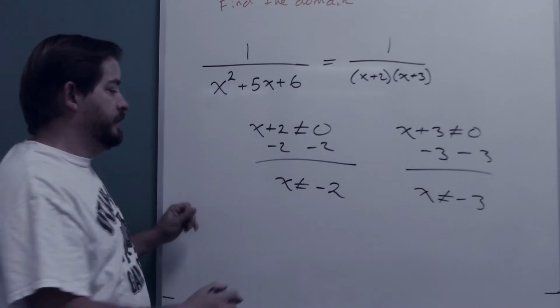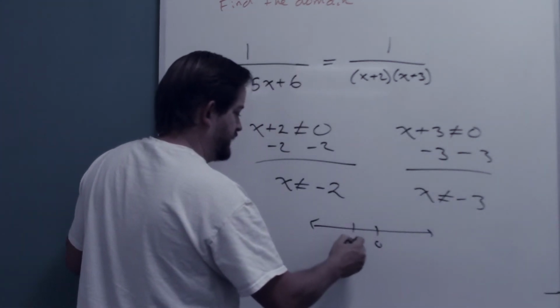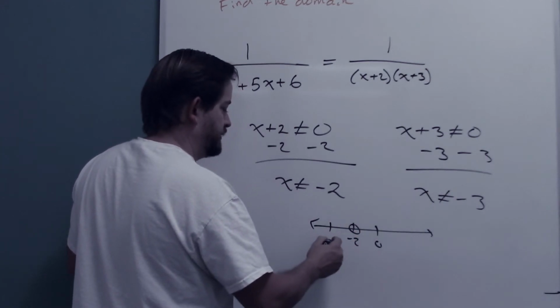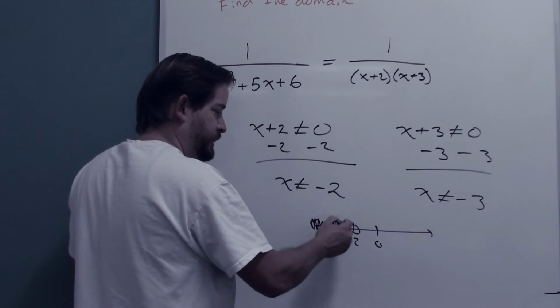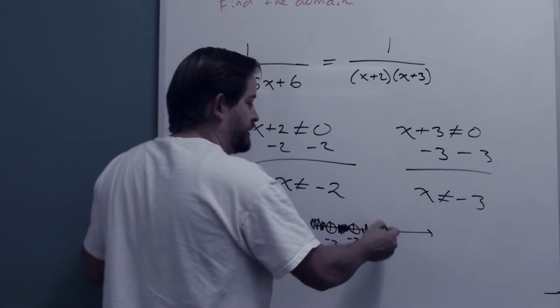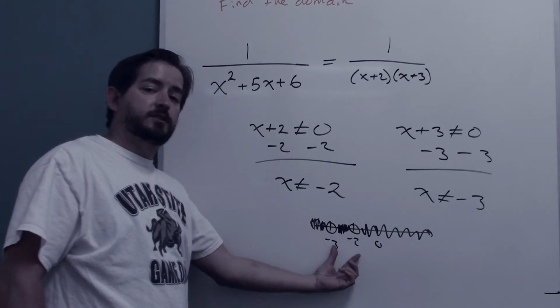That's my domain, and if you think about what this looks like, here's 0, there's a negative 2 here that's an issue, and there's a negative 3 here that's an issue. So it's all of these numbers. It can be the numbers between negative 3 and negative 2, and then it can be all of these numbers as well. It can literally be anything except these 2 numbers.